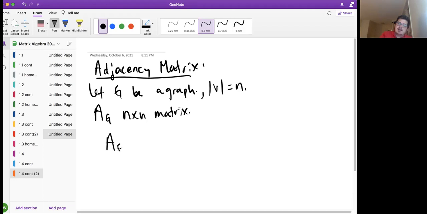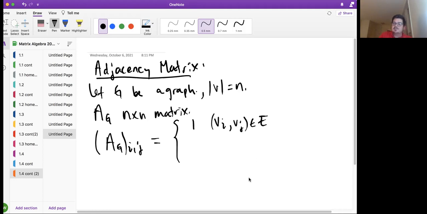And the elements in the matrix are going to look like this. And it's very, very easy. So it's going to be a 1 if Vi, Vj is in the edge set. So you're going to give some labeling to your vertex set. It does not matter what labeling you use because of the isomorphism thing, right?